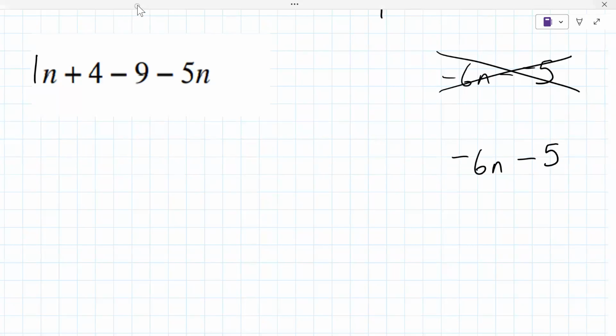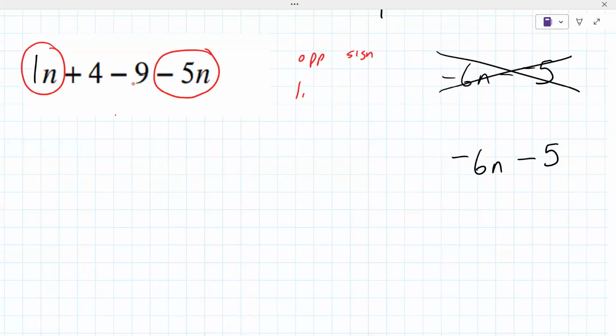So I see a 1n and a -5n. Are those same sign or opposite in sign? Opposite sign. Okay, so what is the rule for opposite sign? Do you remember from the other day? Don't you keep the sign that's furthest from 0? So you determine the sign.